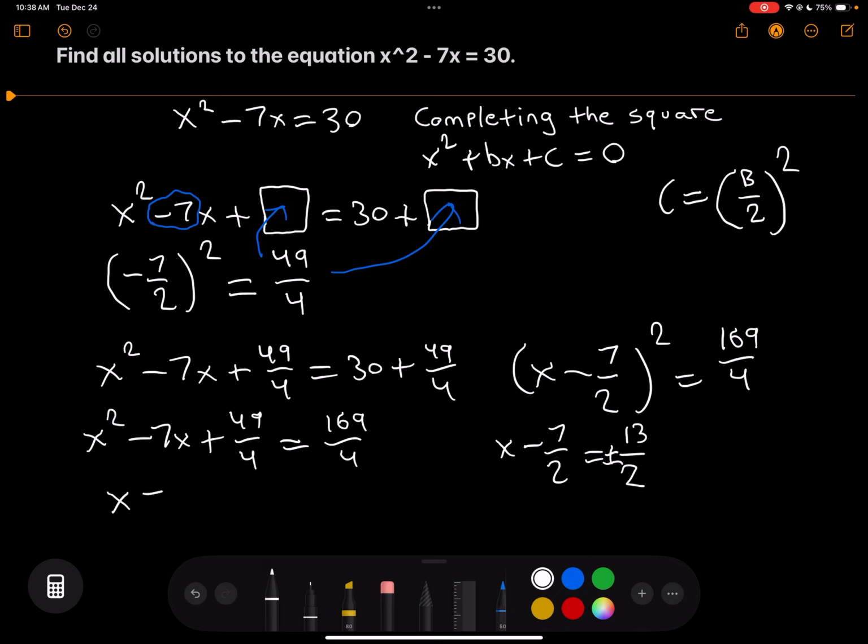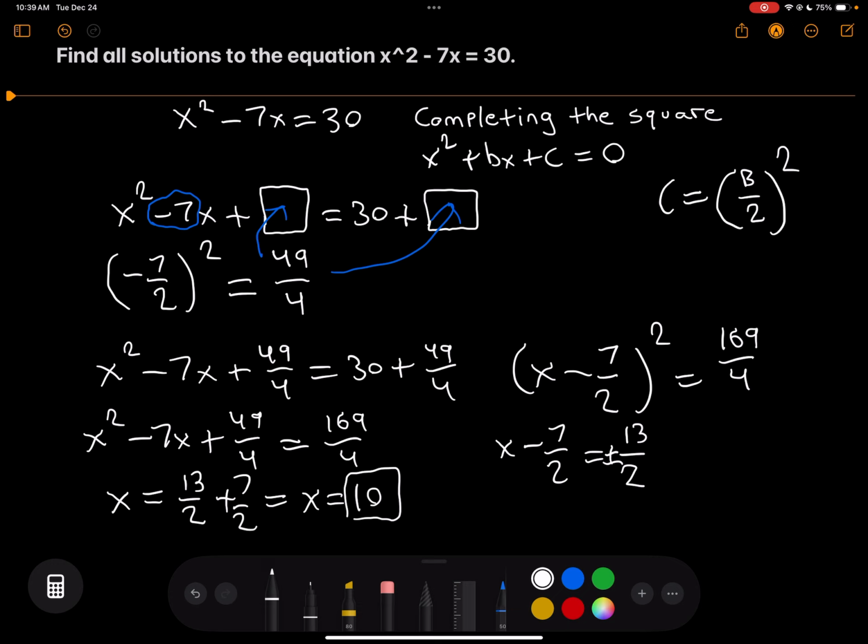In this case, we have x equals 13 over 2 minus 7 over 2. And that means x is simply going to be, if we have positive 13 over 2, plus, because we're adding it to both sides. It's going to be plus 13 over 2 plus 7 over 2, which is 20 over 2, which is 10. That's one solution right there.